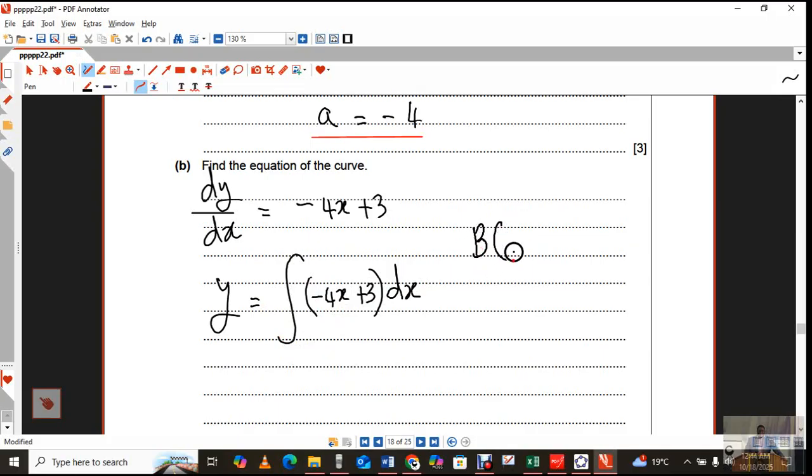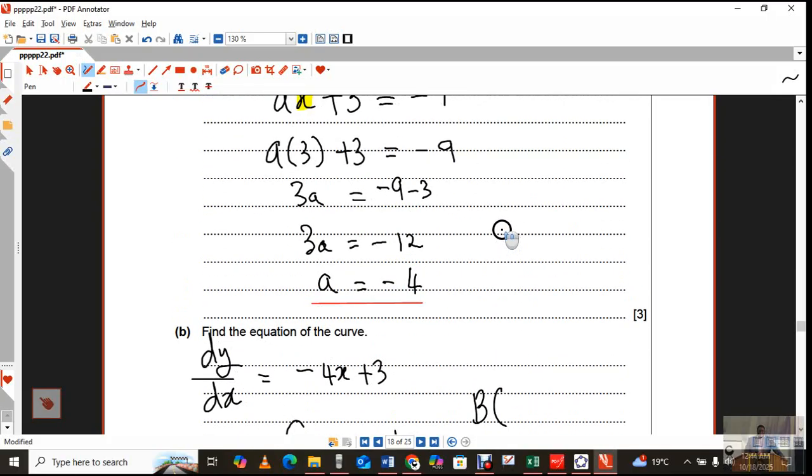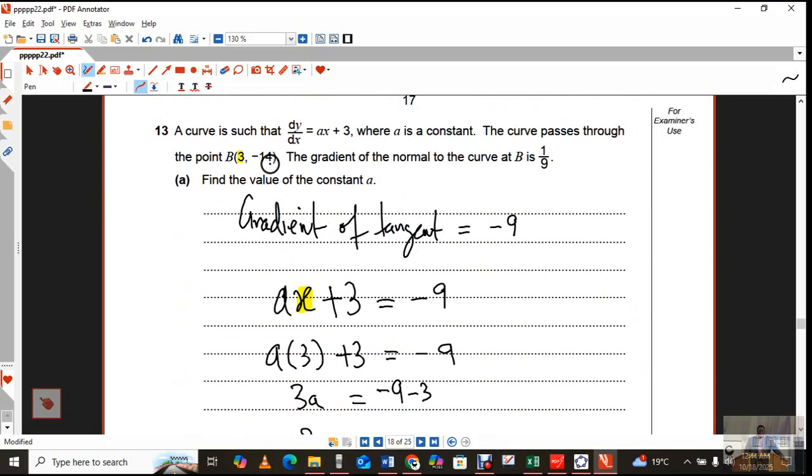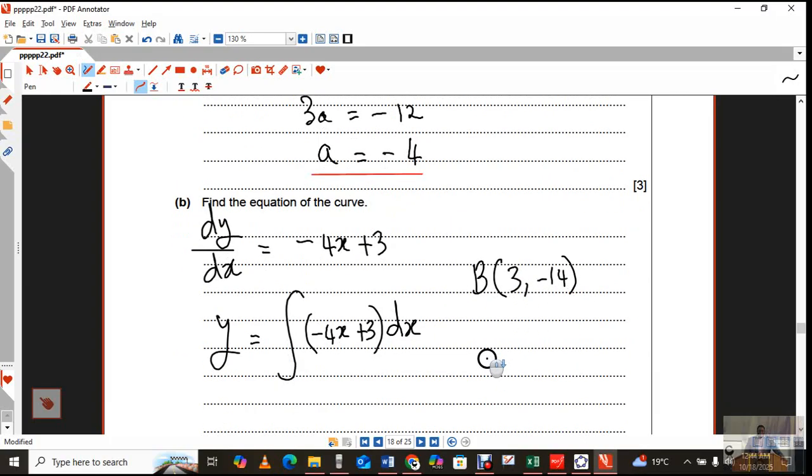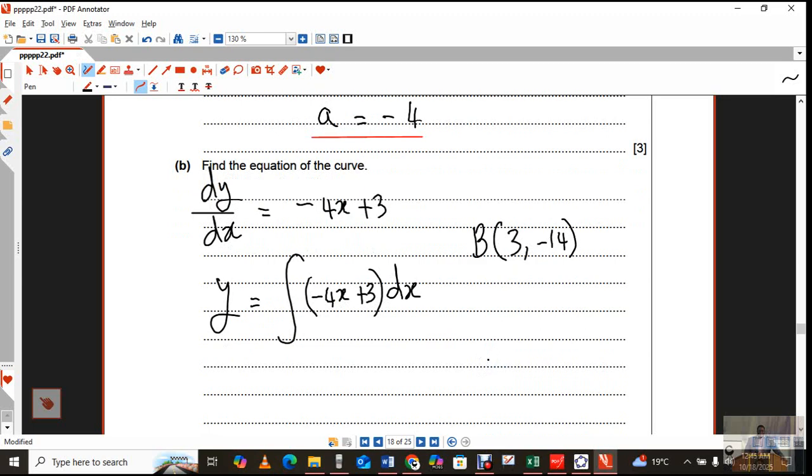Another thing, we are given point B. It's (3, negative 14). The reason I have that point B is that I'll be substituting it, because when I integrate I will have a constant of integration and I need to find out c.